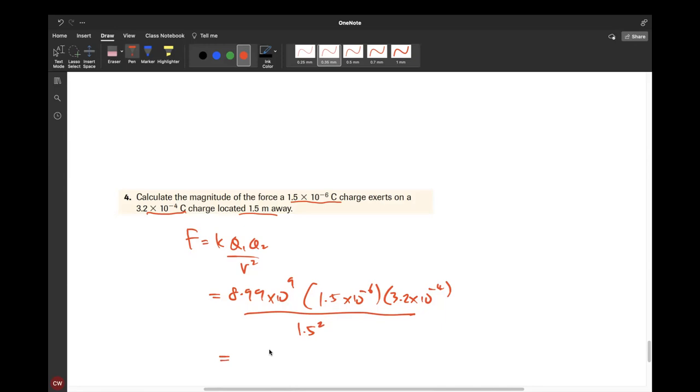Okay, Yan Bin, calculate the answer. How much is the force?